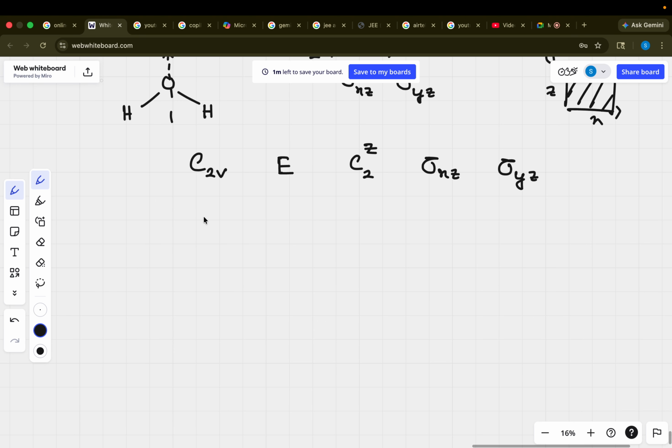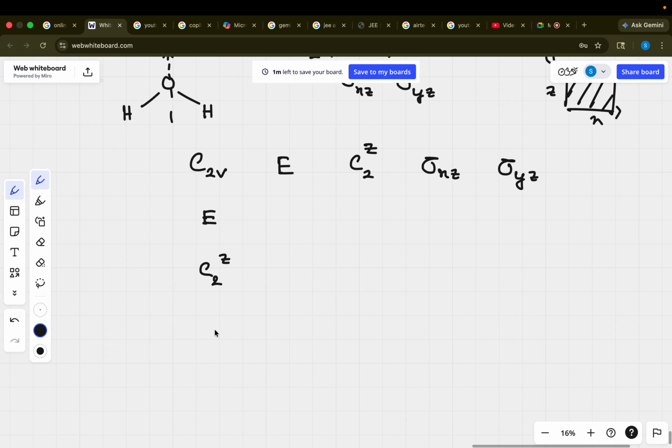Now write down the elements here also: E, C2Z, sigma xz, and sigma yz. If I multiply anything with E, I will get that thing only.